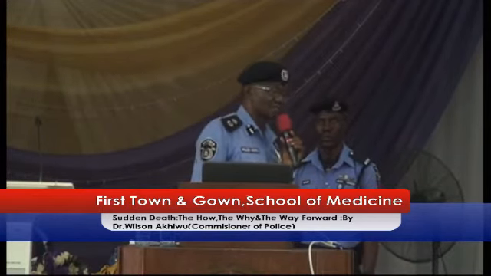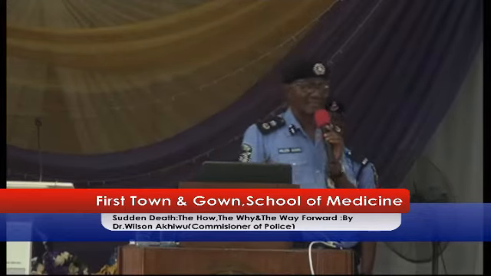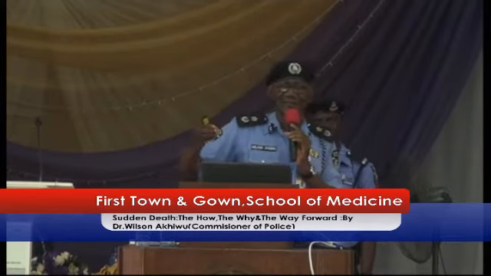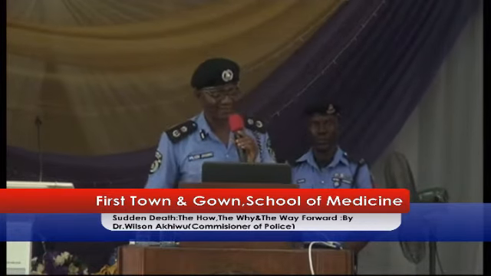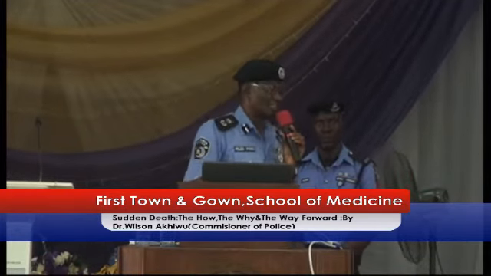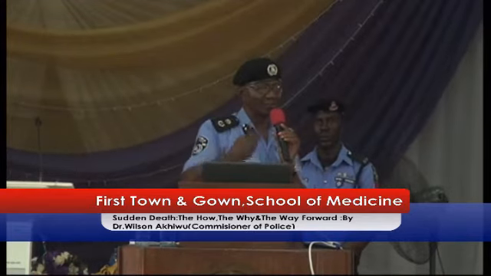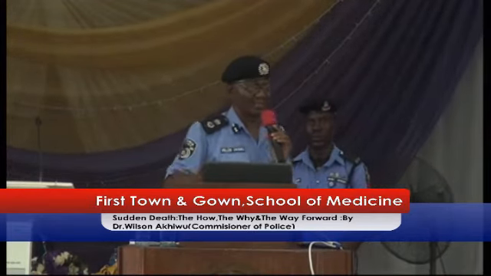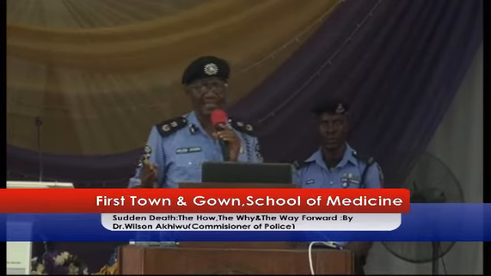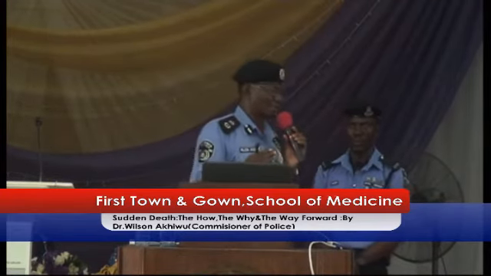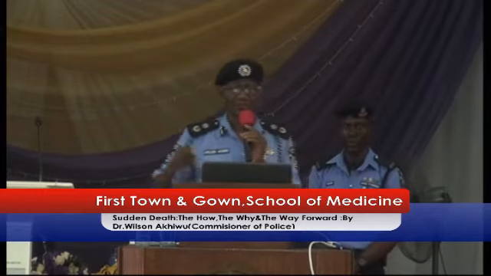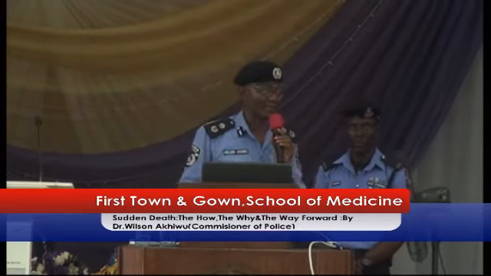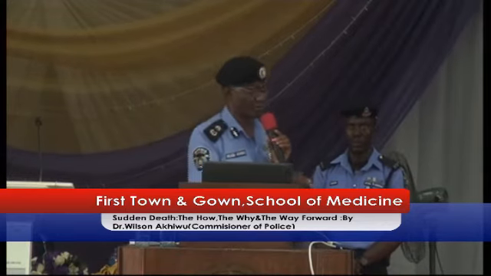In simple terms, coronary heart disease is deposition of fat in the blood vessels that supply the heart itself. The heart, despite the fact that it gives blood to all other parts of the body, it also needs blood to keep itself. It's like the army barracks in the Boko Haram areas. If the army barracks do not fortify themselves well, they are vulnerable to Boko Haram.